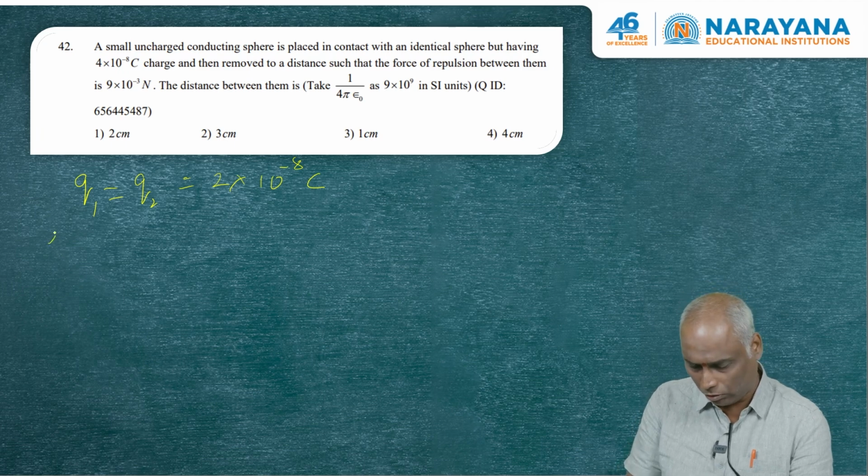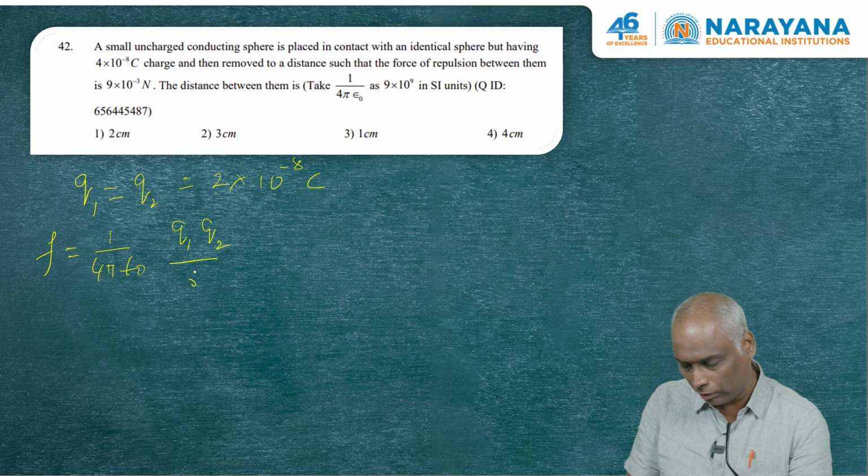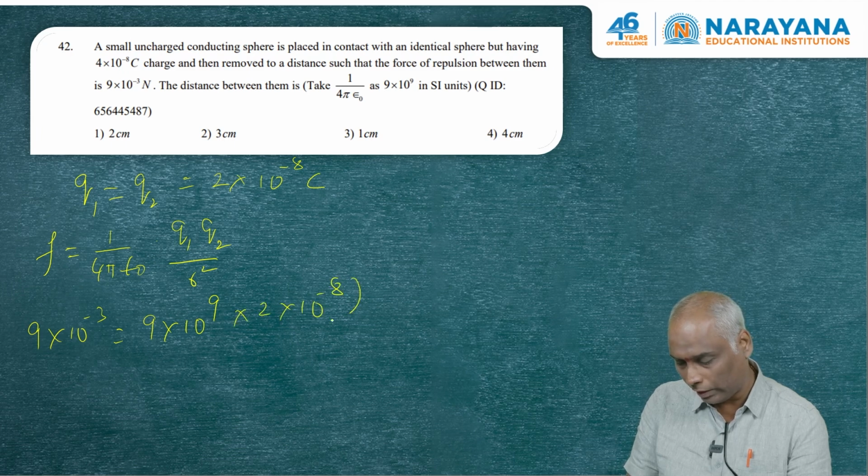Using Coulomb's inverse square law, F is equal to 1 by 4 pi epsilon naught into Q1 Q2 whole divided by r square. The value of force is given as 9 into 10 to the power of minus 3, 1 by 4 pi epsilon naught is 9 into 10 to the power of 9, and Q1, Q2 both are equal, 2 into 10 to the power of minus 8 each, whole divided by r square.